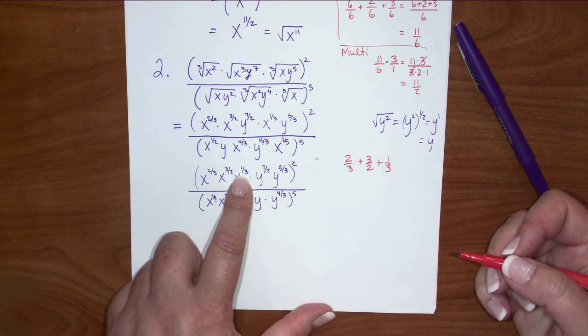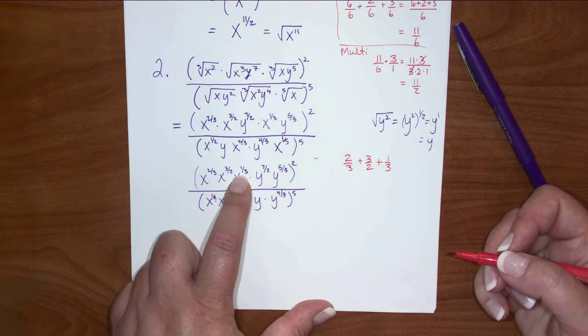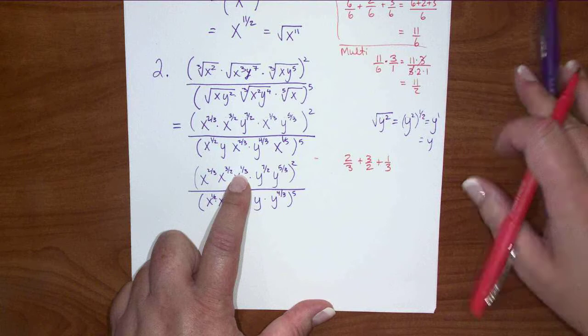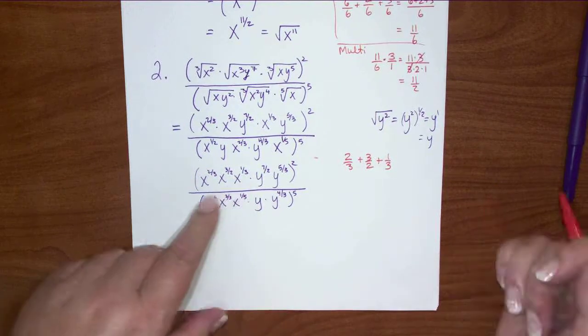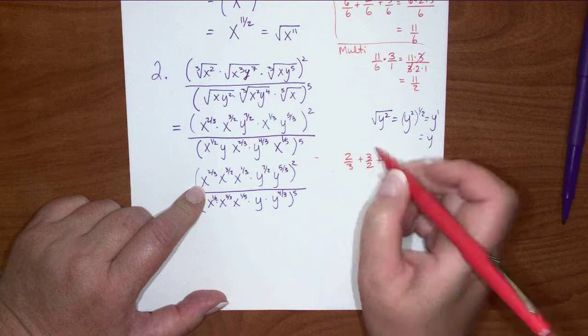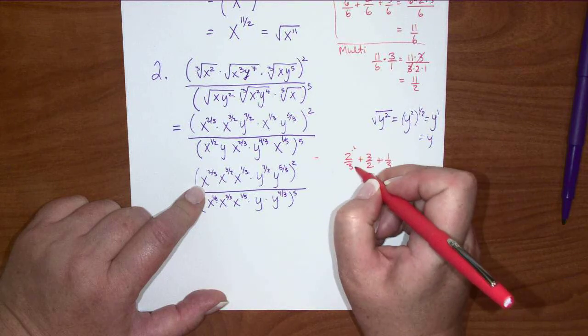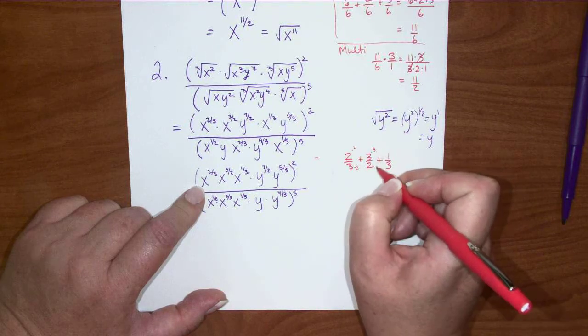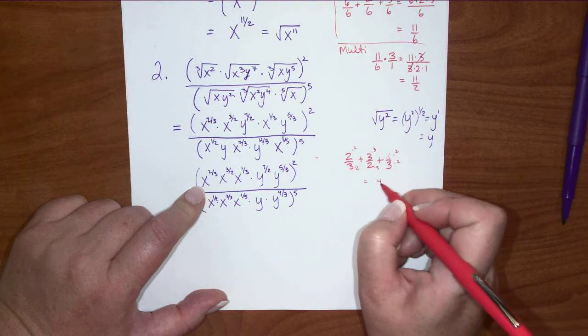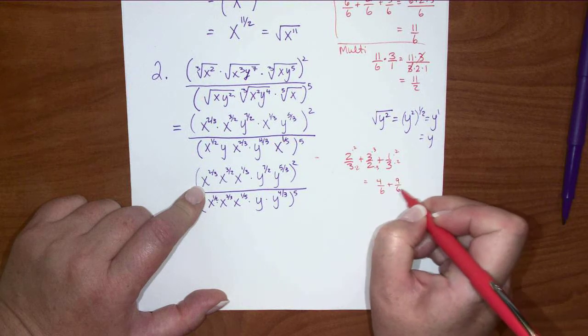Now, you have no calculator, and you have to do it by hand, so I would just do it off to the side, find the answer, instead of trying to do it in your head, that's when mistakes happen. What's the common denominator here? 6. So we're going to multiply the first one by 2, the second one by 3, and the third one by 2. So 4 over 6 plus 9 over 6 plus 2 over 6.